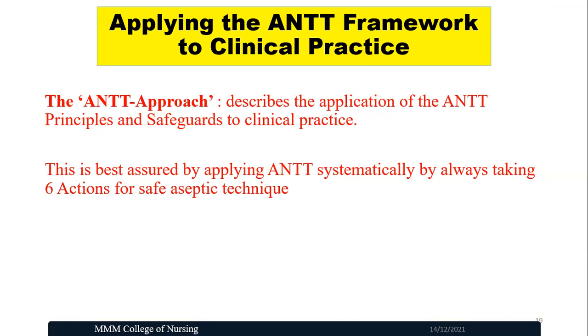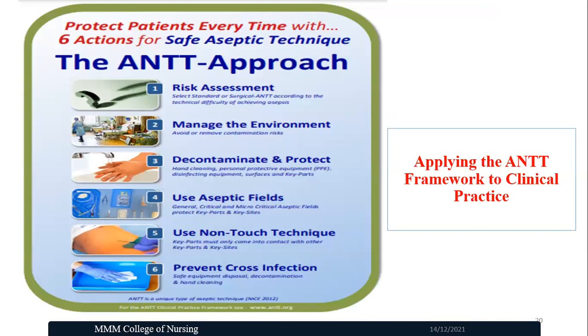There are 6 actions that should be performed by the healthcare workers every time we perform procedures on a patient, so that we can protect the patient from healthcare associated infection. These 6 actions are risk assessment, that is selecting the standard or the surgical ANTT according to the technical difficulty of achieving the asepsis, which we discussed in this video during the flowchart discussion.